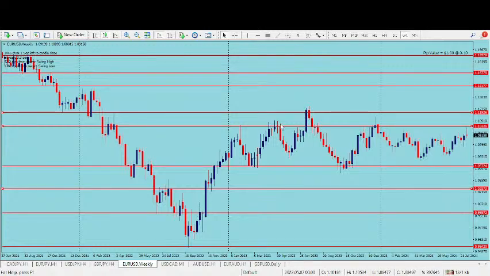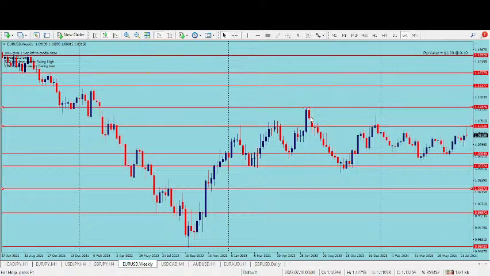Okay, it moved here, came down here, which couldn't take it out. It made a higher high. Immediately after here, the market broke this area. Have you seen it? It broke this area now and made a lower low.